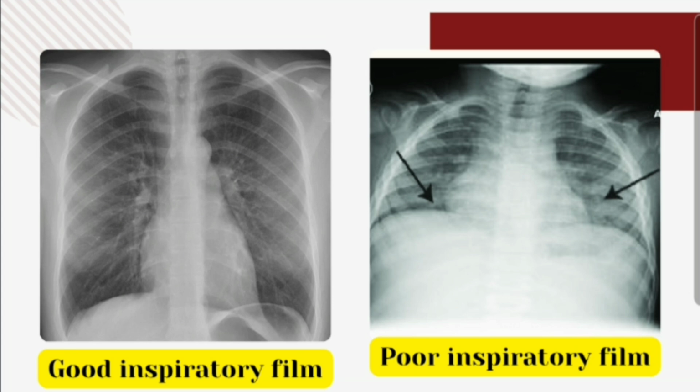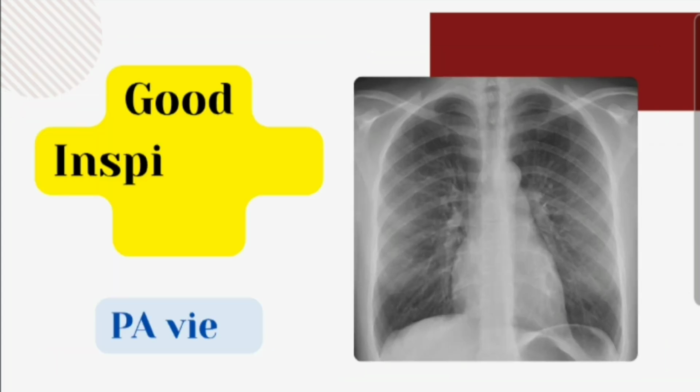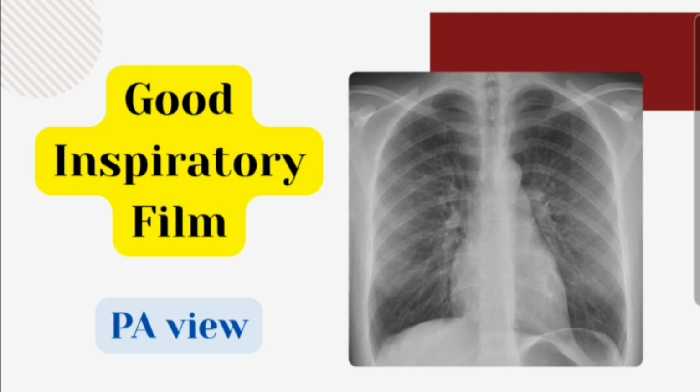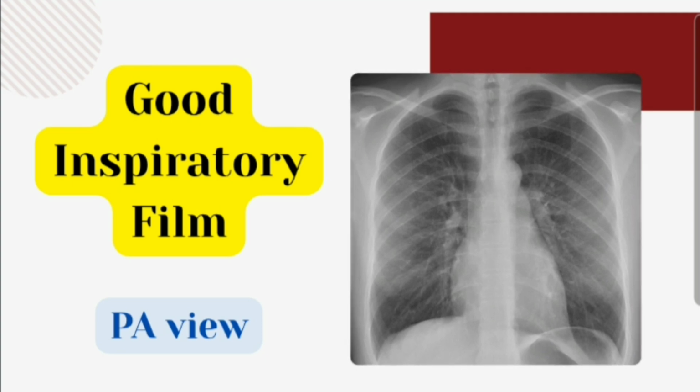However, on the other side it is a poor inspiratory film. So, for a good inspiratory film, the following should be visible: 5 to 6 anterior ribs, both lung apices, both costophrenic angles, and the lateral rib edge.